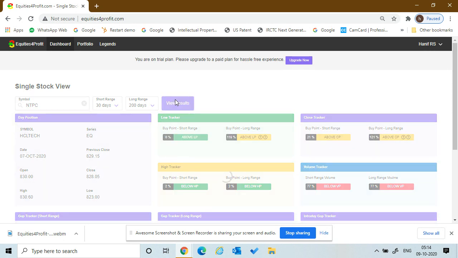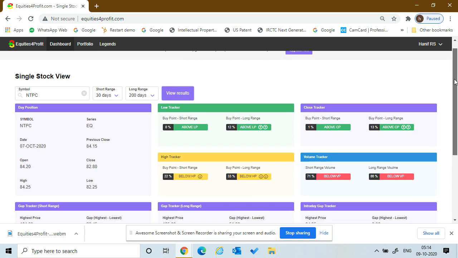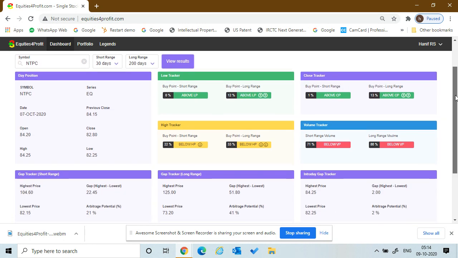which gives you interesting results, where you see that the lowest point of NTPC, 82.25, has reached today. The lowest point is the same as the lowest point of the last 30 days. This lowest point is almost 12% above the lowest of the last 200 days.